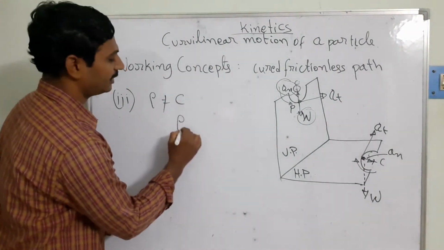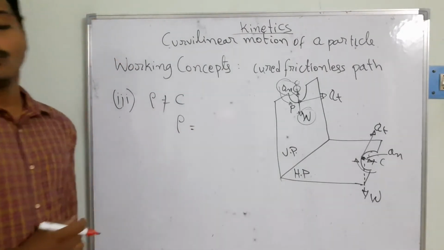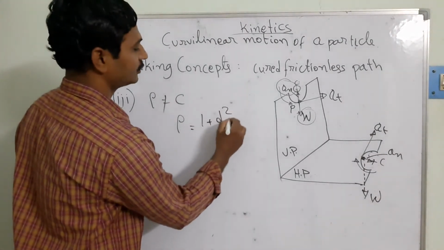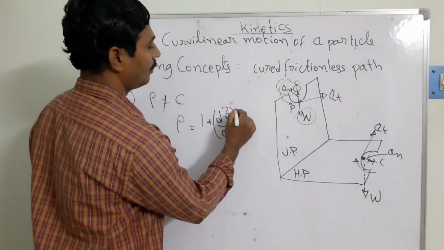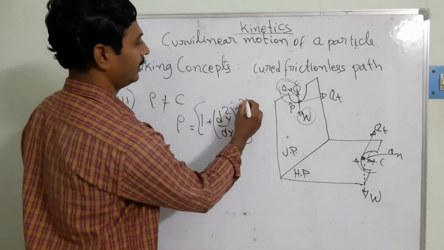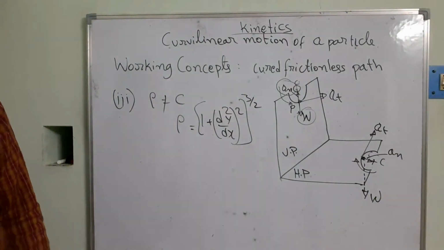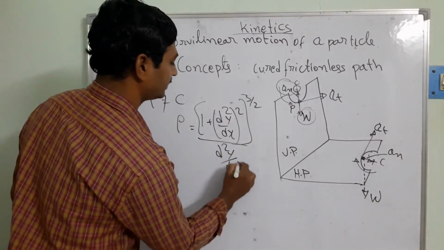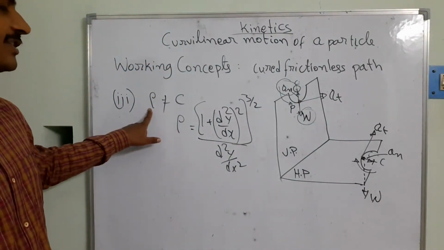The radius of the curvature is equal to (1 plus (dy/dx) whole squared) to the power 3 by 2, divided by d square y by dx square. By using this equation, we can find out the radius of the curvature.